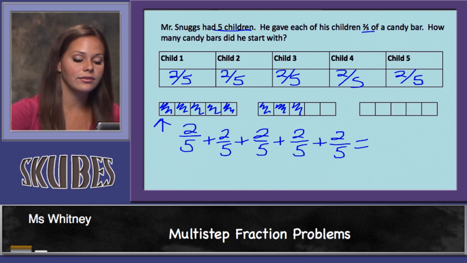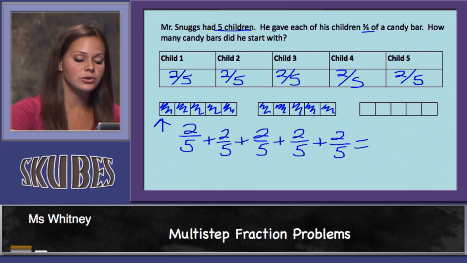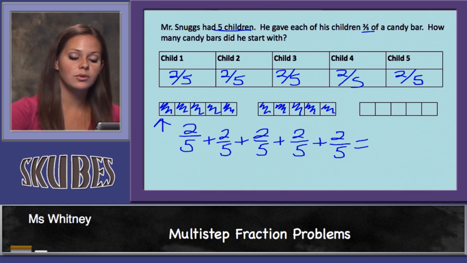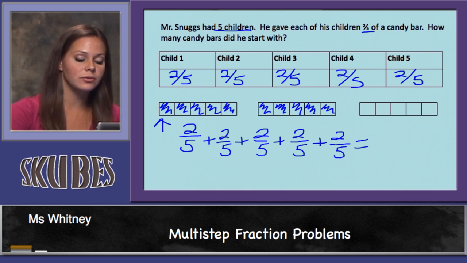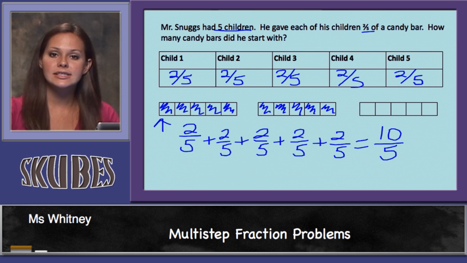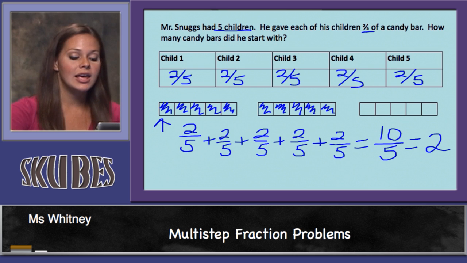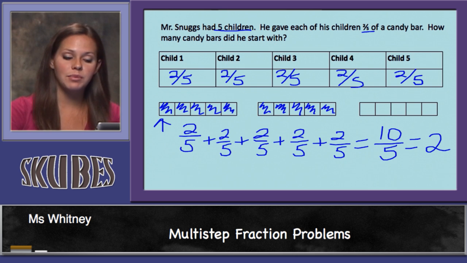And child 5 received 2/5. We can add our numerators, 2 plus 2 plus 2 plus 2 plus 2, to get 10, and our denominator stays the same, 10/5, which is equal to 2. And as we can see from our model, it took 2 whole candy bars to share with his 5 children.